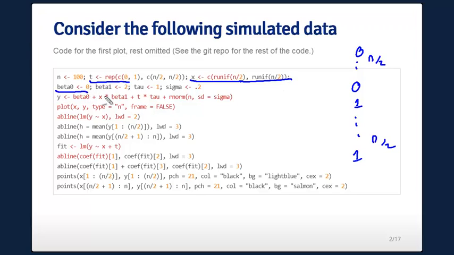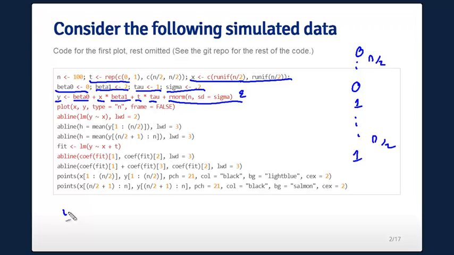Here's my intercept, my slope, which I set to be 2, my tau, which is going to be my treatment effect, and then my variance. Okay, so I simulate my outcome. It's my intercept plus my regressor times my slope coefficient plus my treatment effect times the treatment effect parameter plus epsilon.